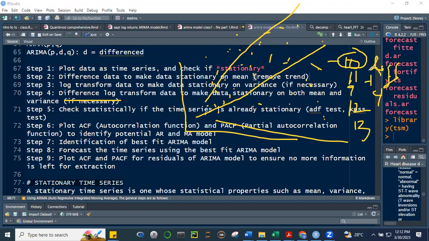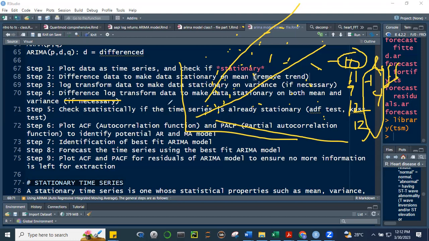Magkakaroon tayo ng negative values. Pag kinuha natin ang difference, magkakaroon tayo ng negative values and you cannot anymore get the log of that. Okay, kasi non-existent yung log ng negative number. So that's why, first get the log. So log 10, log 11, log 9, log 11, 12, etc. After getting the log of each, then that's the time you get the difference.